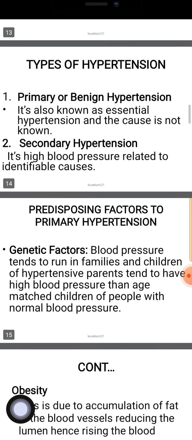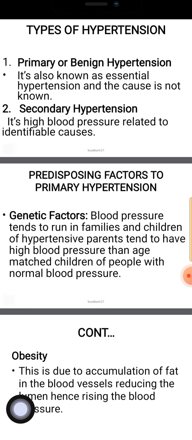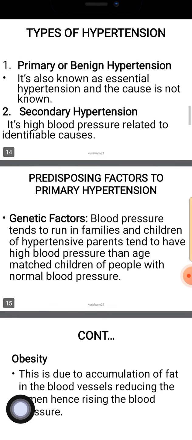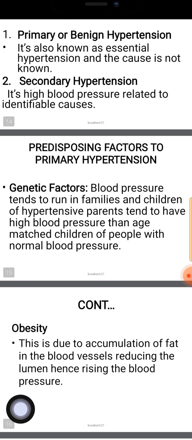investigation. Then we do have types of hypertension. Under types of hypertension, we have primary or benign hypertension. It's also called essential hypertension. It is called primary or benign or essential because on this one, the causes are idiopathic.